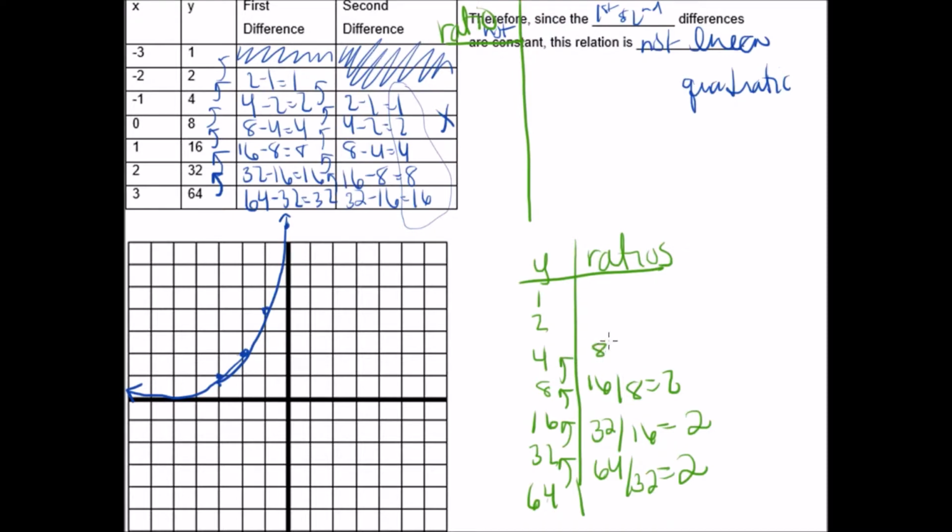If you looked at the numbers as we were writing them out, you could have seen that all of them were doubled. And 2 over 1, also 2. So since the ratios are constant, this is exponential.